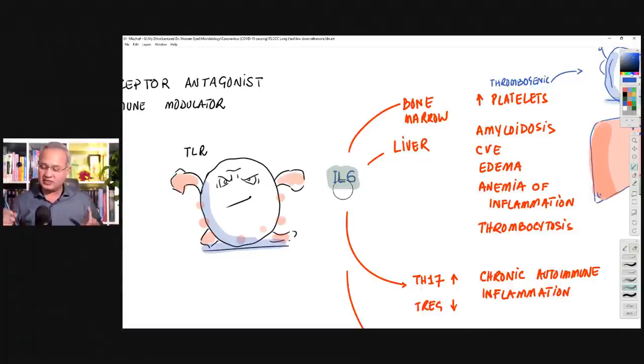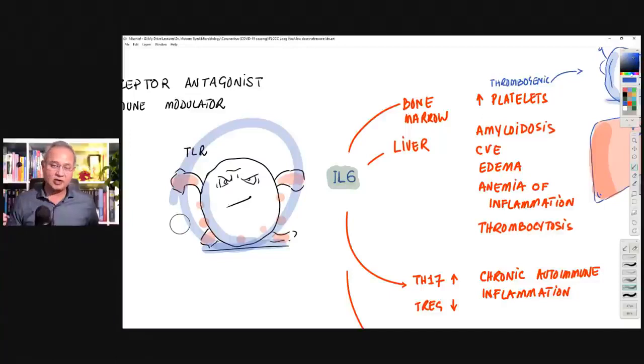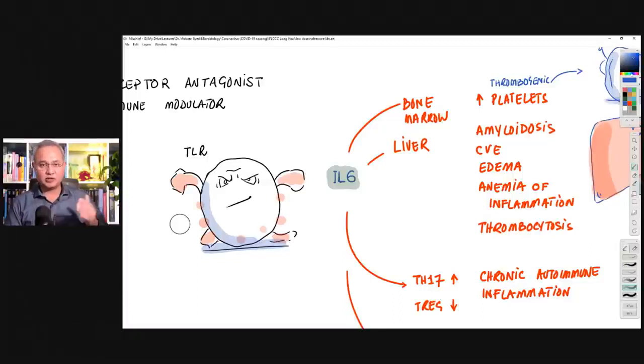But sometimes these cells go mad and they cannot be corrected and they cannot stop and they keep producing interleukin 6. And now we have chronic inflammation and we have chronic diseases. And LDN is going to help break that cycle. This is why it is used in many chronic diseases, many chronic illnesses.